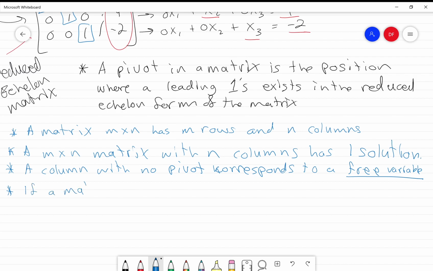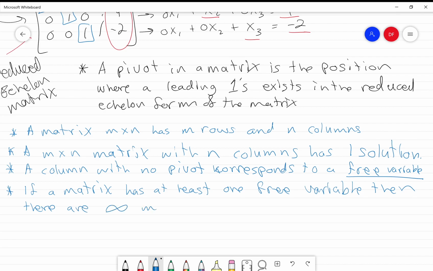If a matrix has at least one free variable, then there are infinitely many solutions.